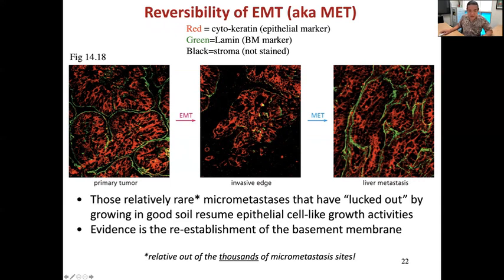The green, I think you guys know what this green is. That's the basement membrane. So this is staining for laminin, a protein in the basement membrane. So you can see in the primary tumor they are still confined by this basement membrane. And in the black, which is not stained, would be the stromal cells that are in the spaces surrounding these primary tumor populations in here.